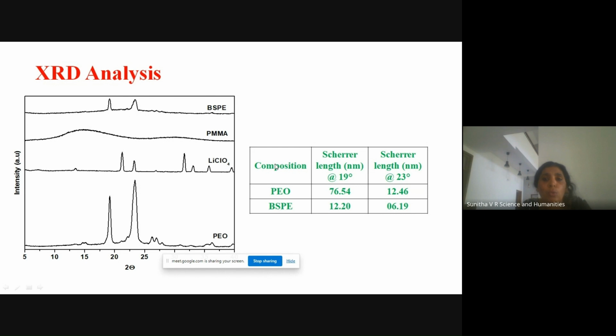And what we try to do is estimate the Scherrer length of these peaks, at 19 degree and 23 degree. If you just look at PEO at 19 degree, the Scherrer length is about 76.54 nanometer. And when you mix it with different polymers, you can see how this crystallite size is reduced.